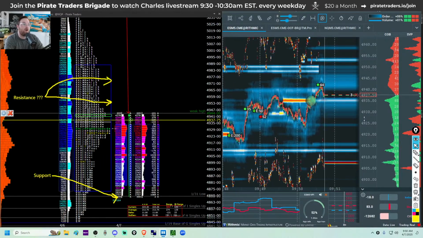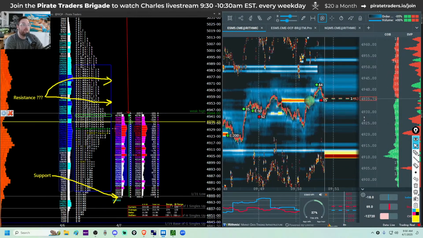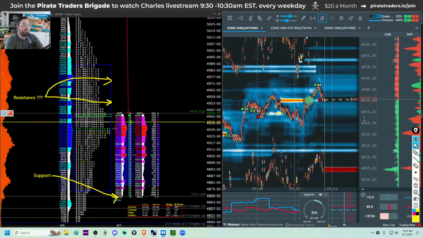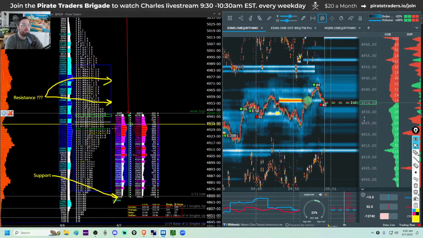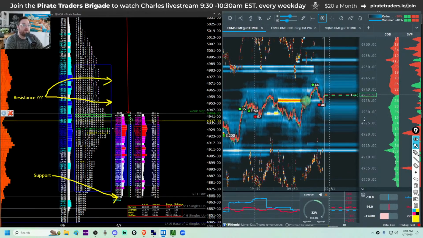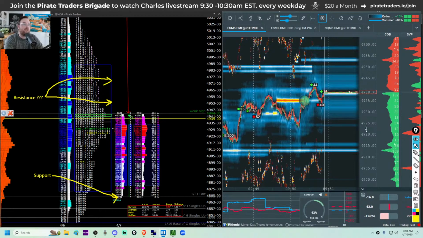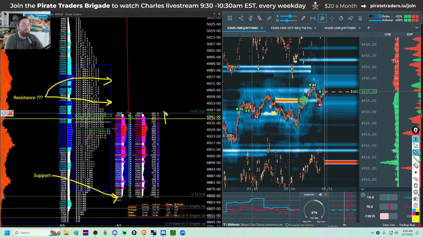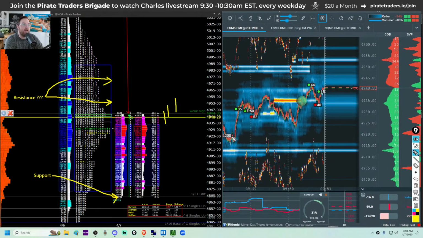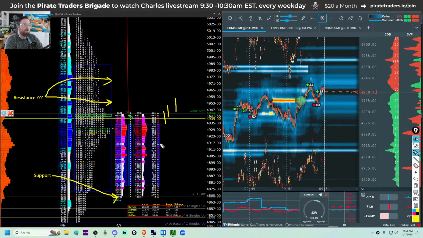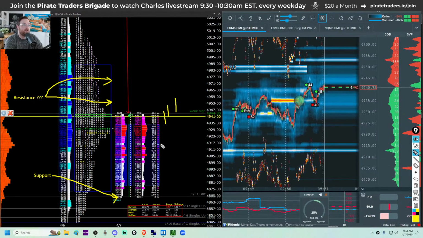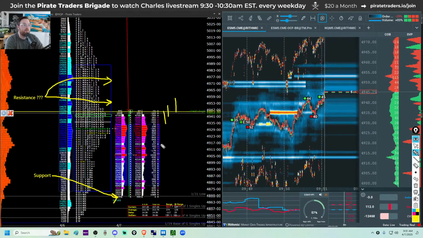Okay, so that was the cross through the opening price. So this is the moment of truth. Do the sellers start to get squeezed here? Do we start to get short covering? Pop, pop, pop. Market popping higher. Boom, boom, boom. There's the first one.